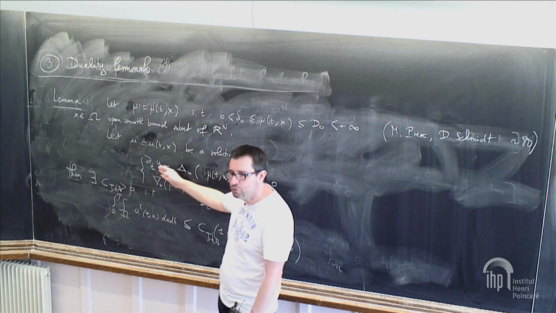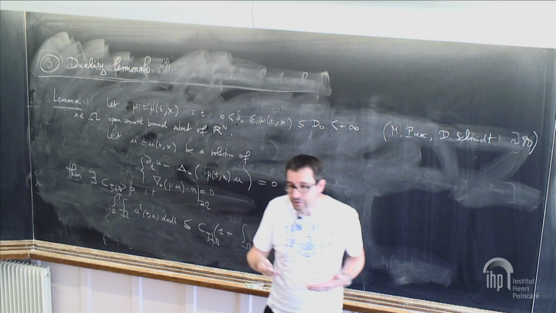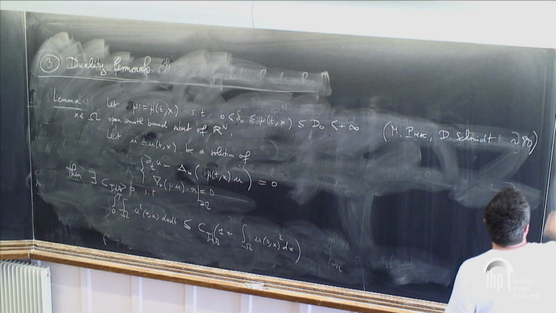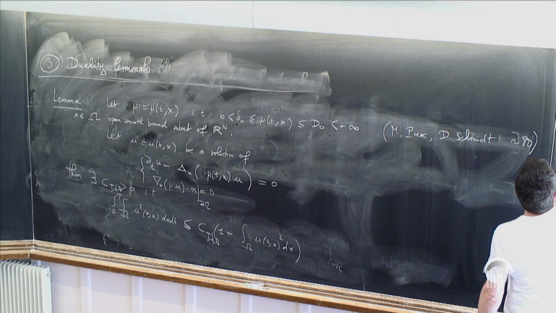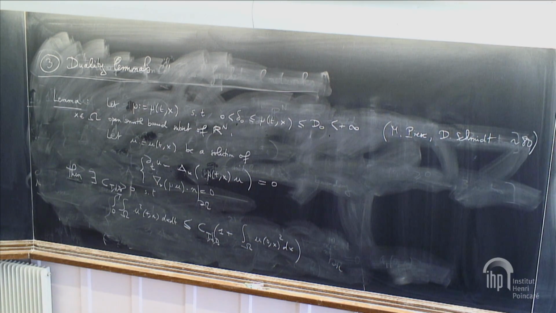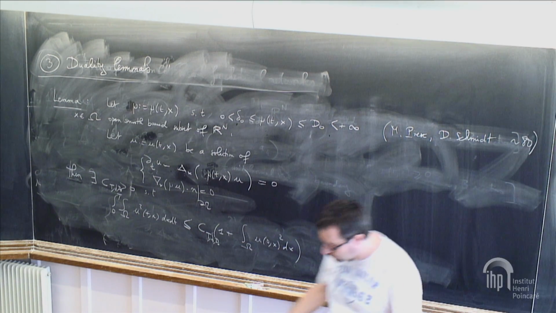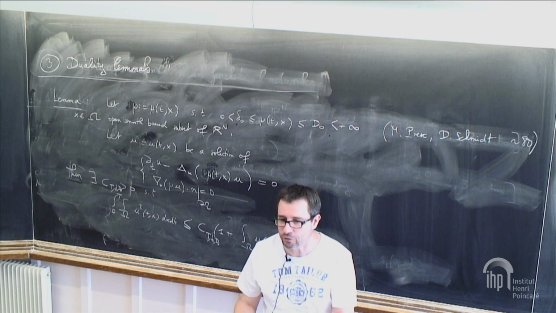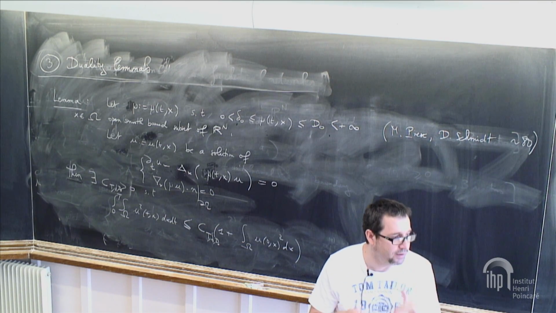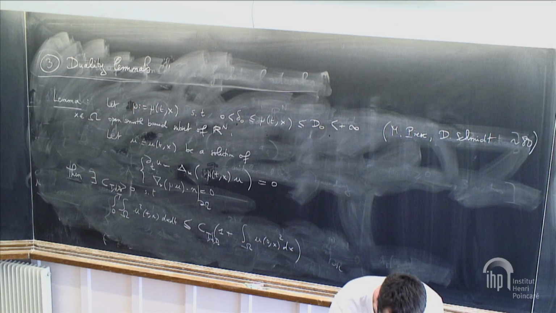So let's try to use what we know about the dual equations for this. Okay? So let me show you quickly the proof. I will not really write all the details of the proof, okay? This is more a sketch of the proof, but you will get really the main estimates here.